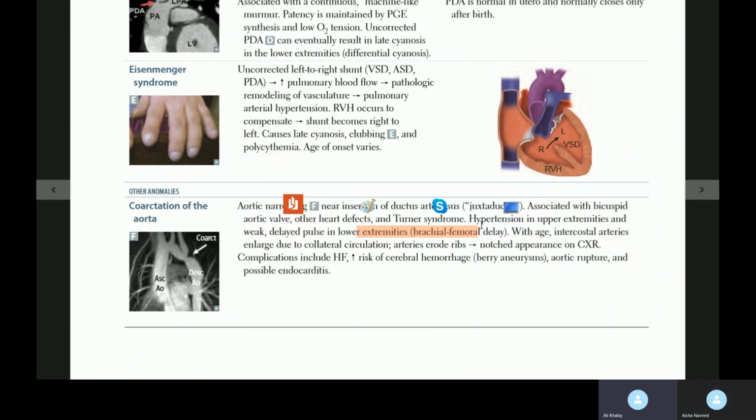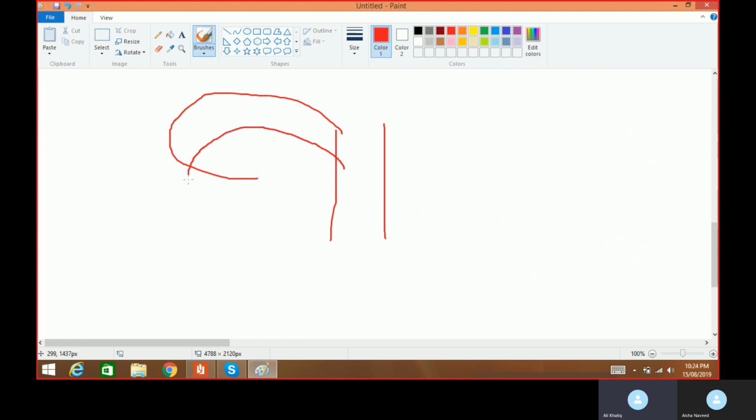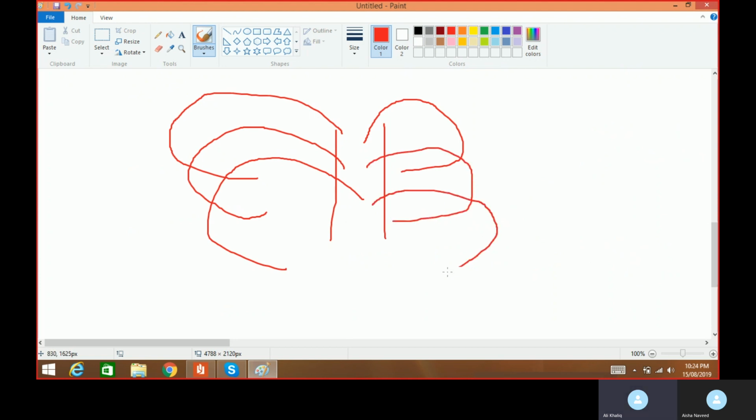Let me tell you how. Let me draw it in front of you. Suppose this is your aorta. This aorta simply gives small branches known as intercostal arteries like this, and they supply your rib cage. These are your intercostal arteries, and so on, because you have 12 ribs.